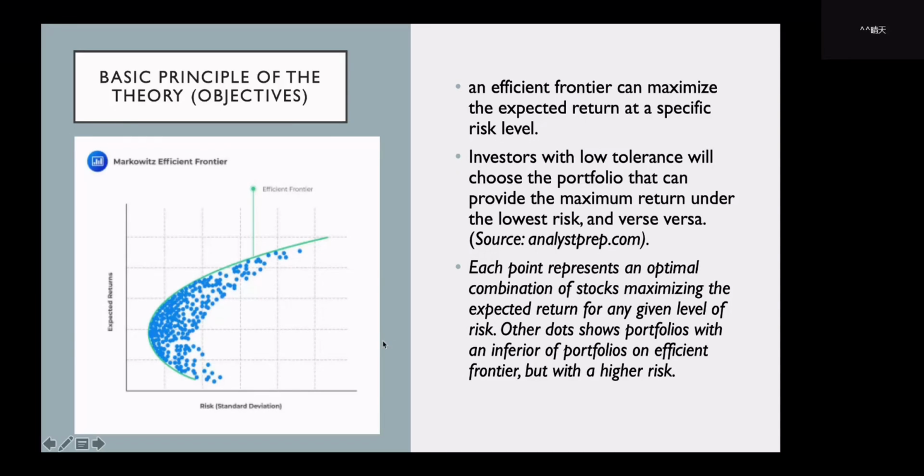Each point of this represents an optimal combination of stocks maximizing the expected return for any given level of risk. Other dots show portfolios that are inferior to portfolios on the efficient frontier, with a higher risk.